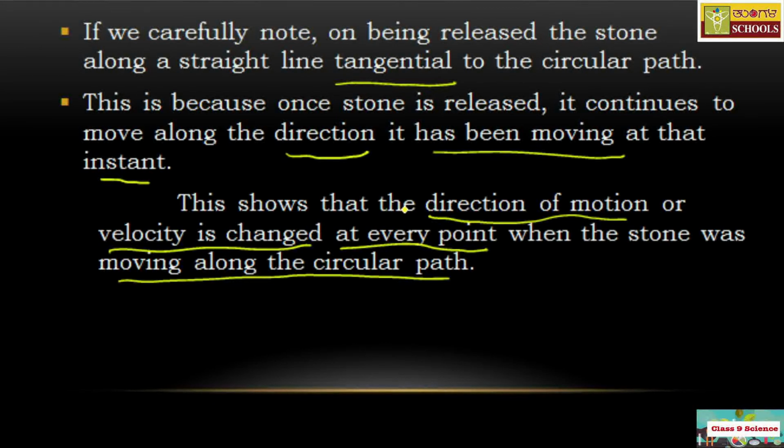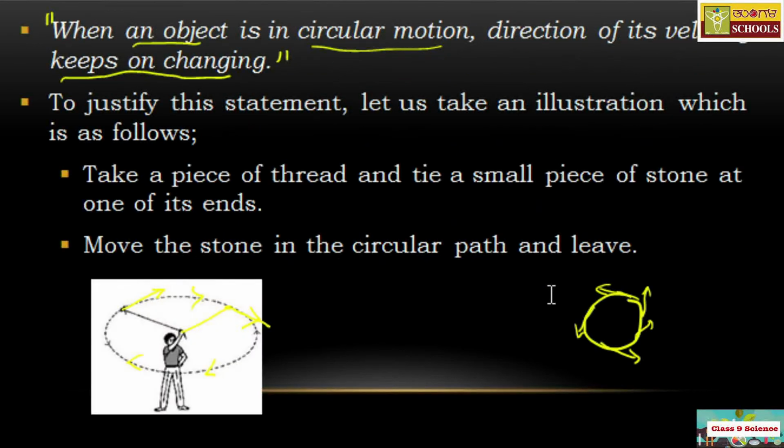So this shows the direction of motion or velocity is changing all the time when it is in circular path. So this is the reason the object maintains a tangential path, and its direction keeps on changing. I hope you got these two points.